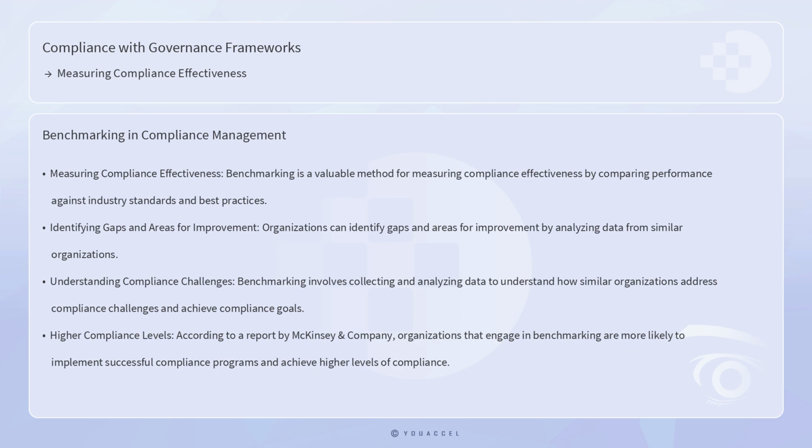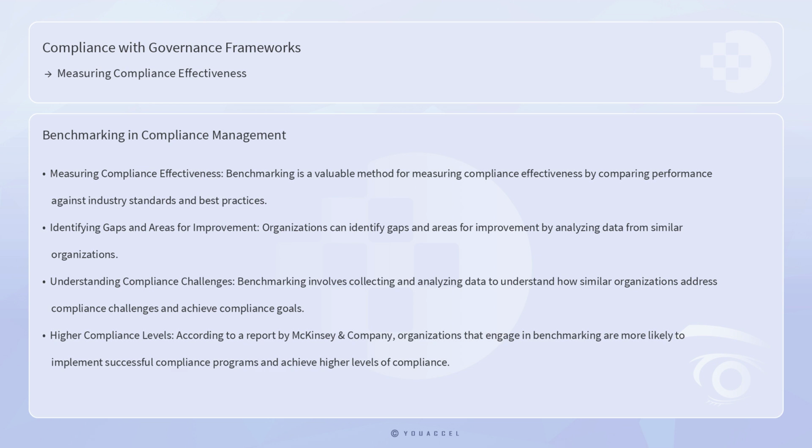Benchmarking is also a valuable method for measuring compliance effectiveness. By comparing their compliance performance against industry standards and best practices, organizations can identify gaps and areas for improvement. Benchmarking involves collecting and analyzing data from similar organizations to understand how they address compliance challenges and achieve compliance goals.